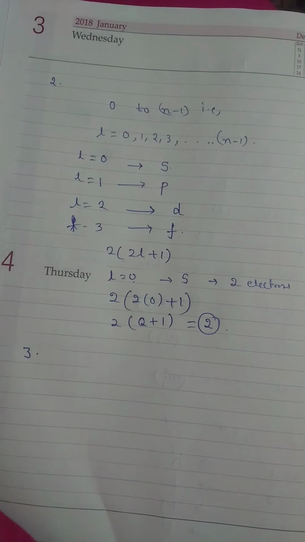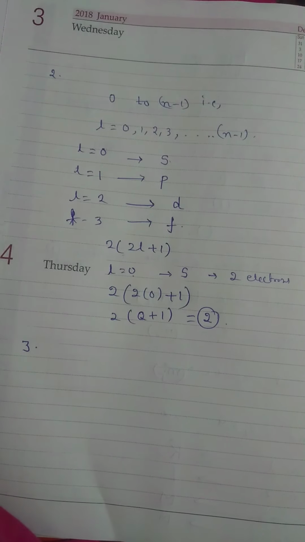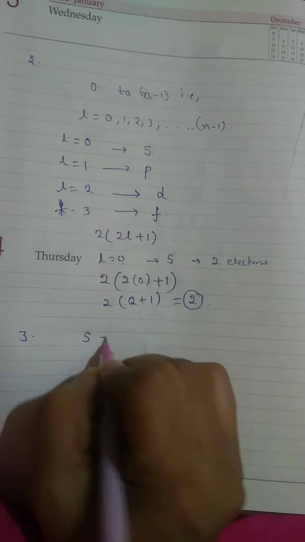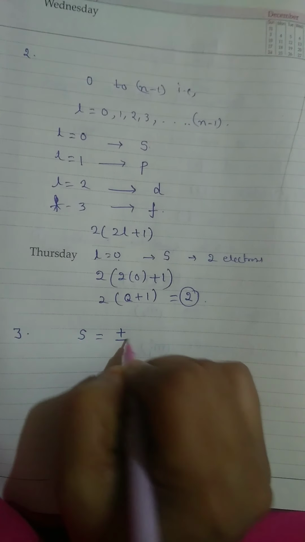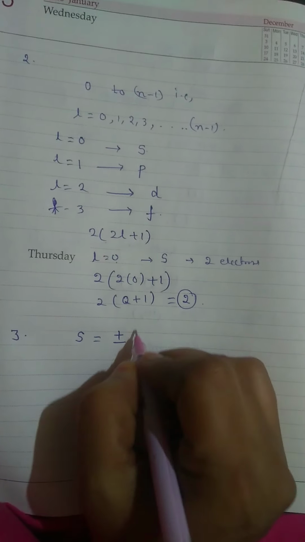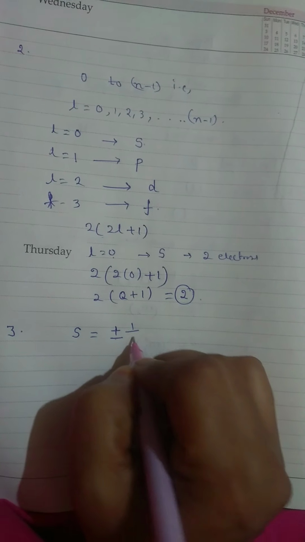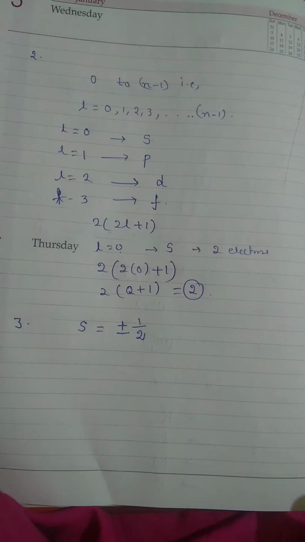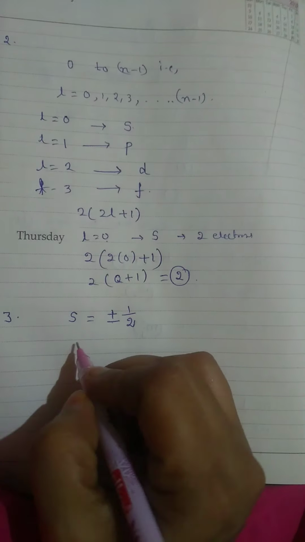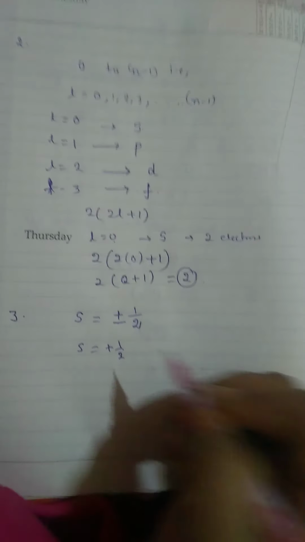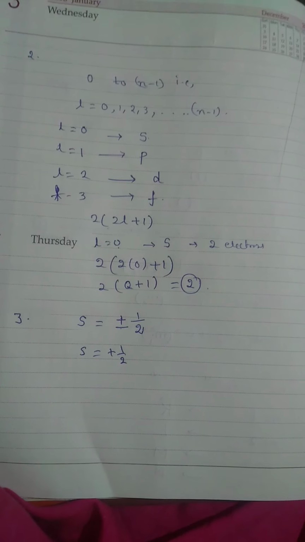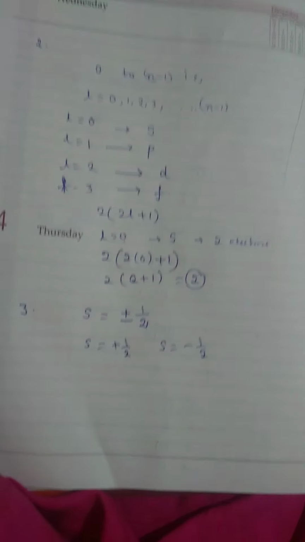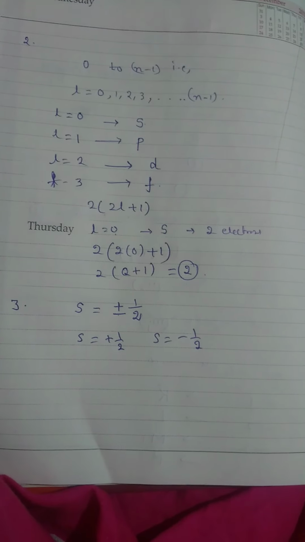Electron has 2 spin values. s can have only positive and negative spin values, they are plus or minus half. If the electron spins clockwise, s can have the positive half value, and if the electron spins anti-clockwise, s can have the minus half value.